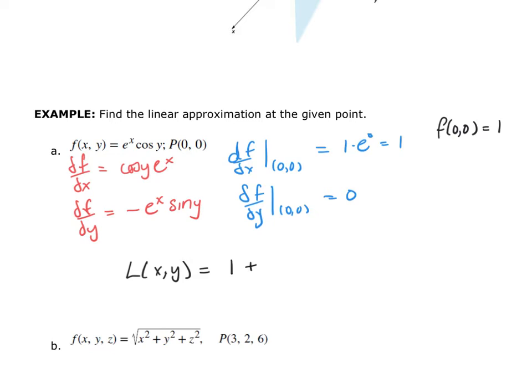Then I have my derivative with respect to x, which is 1, times x minus 0. Then my derivative with respect to y, which is 0, times y minus 0. So I end up with x plus 1, or 1 plus x, and that's my final answer.